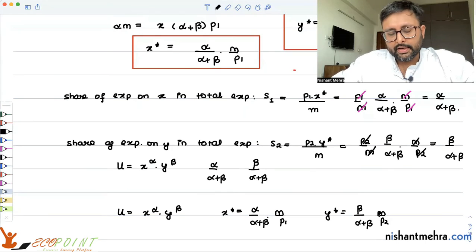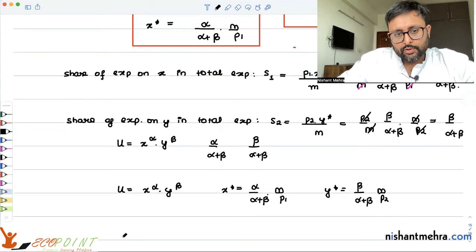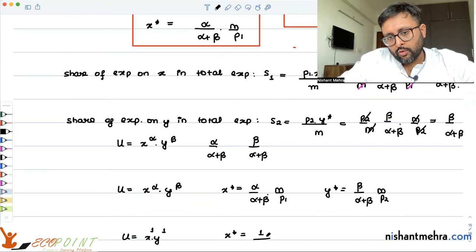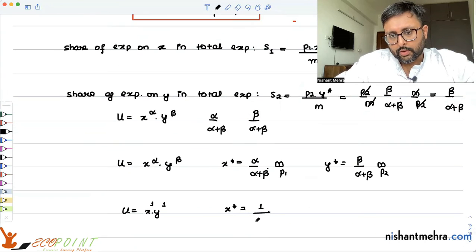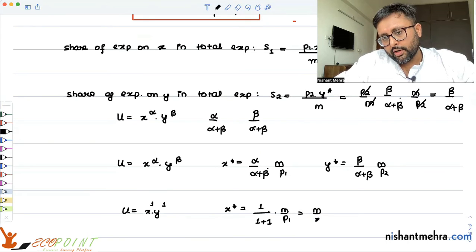You have done a simpler case than this, which was u is equal to x into y, that is x to the power 1, y to the power 1. So what is x star? 1 upon 1 plus 1, where 1 is the power of x, into m by p1. So this is m by 2 p1.